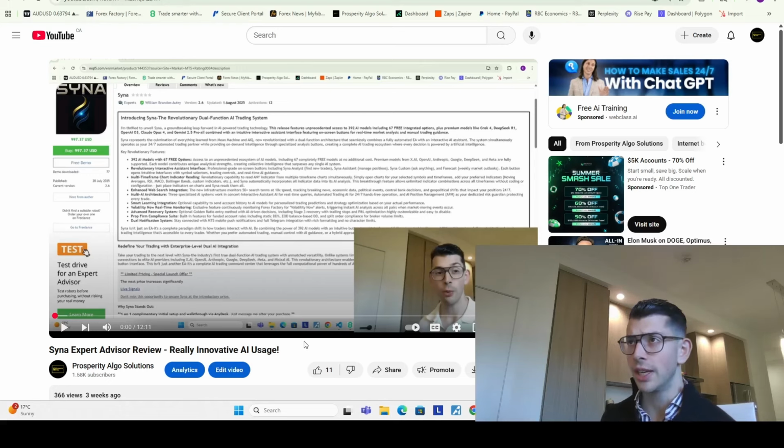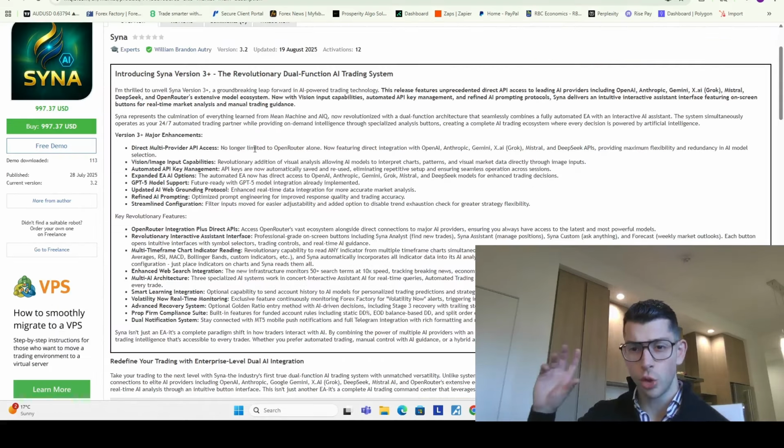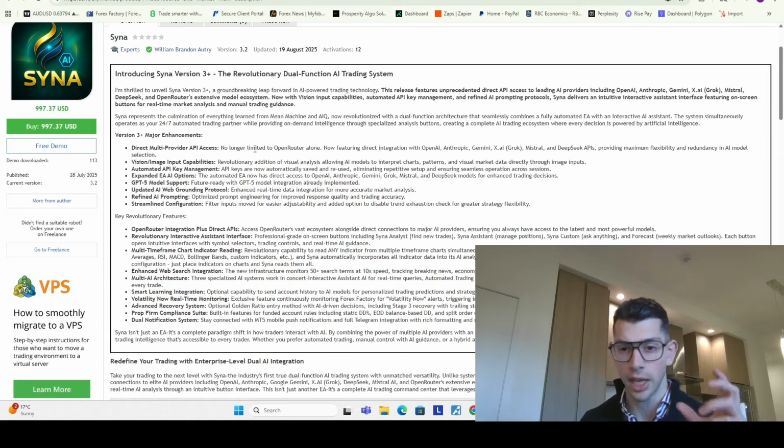As we can see on the sales page, there are two parts to Syna. There's the EA, which is probably quite similar to many of Brandon's prior EAs, which focus on trading the mean reversion currency pairs. And there's the option of having recovery or non-recovery depending on your personal preferences.